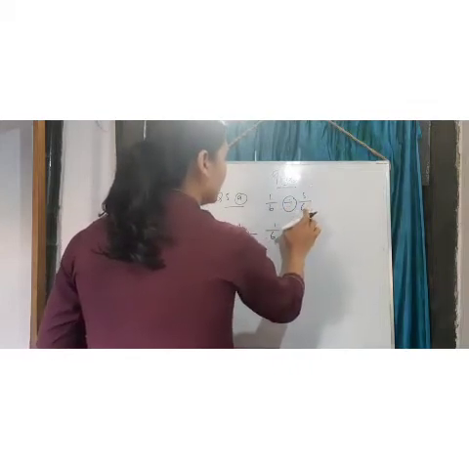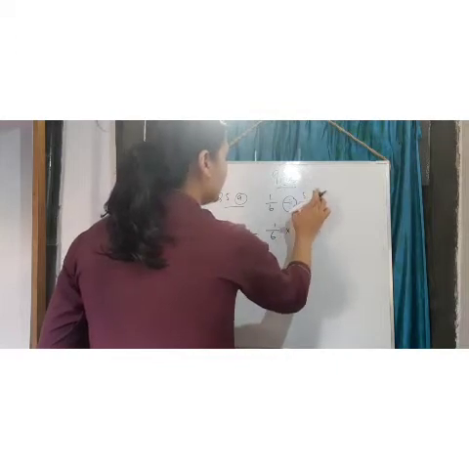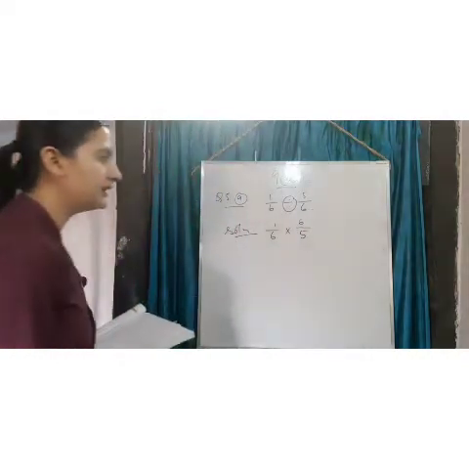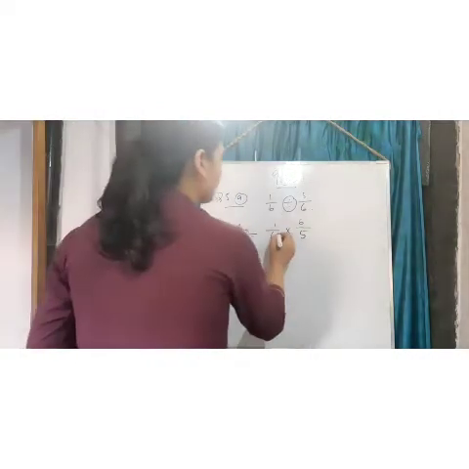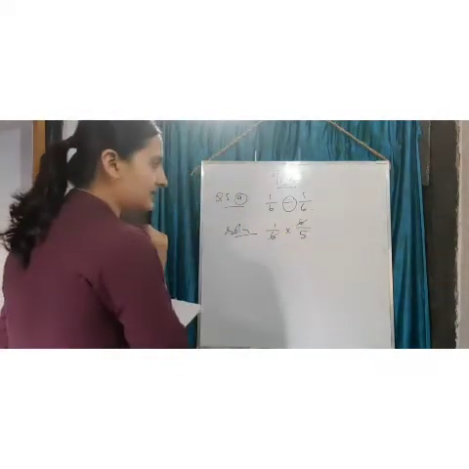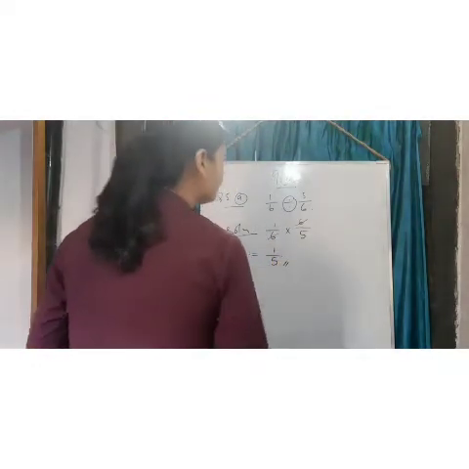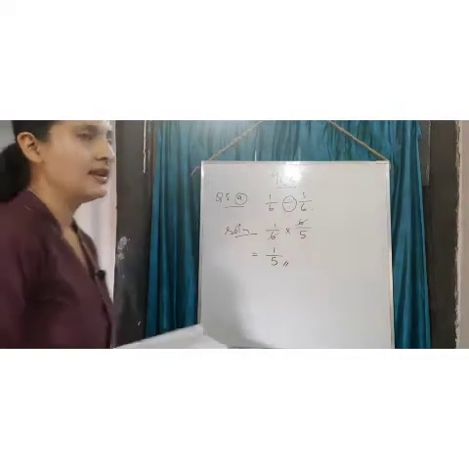It means the denominator will become numerator and numerator will become denominator. So it will become 6 by 5. Is it clear? So this and this will cancel, and what is left is 1 by 5. So 1 by 5 is the answer.